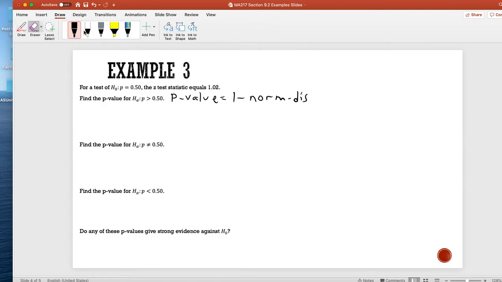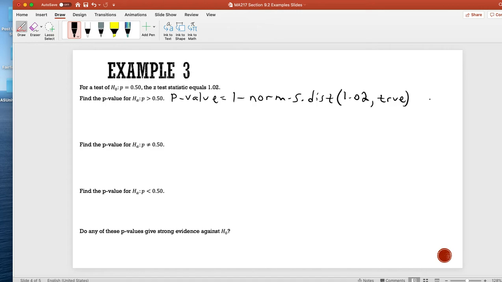Well, let me use this specific one actually, just so it's a little bit nicer to type. Norm.s.dist of 1.02, comma true, since we're using the standard normal one.